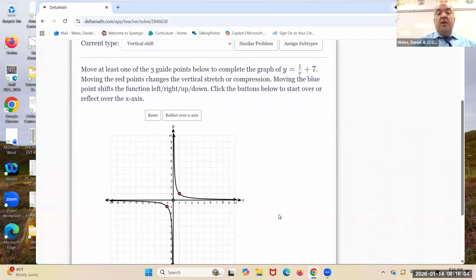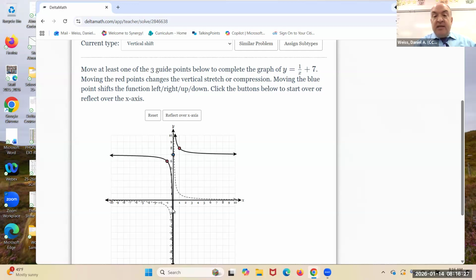Now, okay, in this problem, again, if I put in 0, that's going to make the function undefined because you can't divide by 0, right? But we have +7, which means we're going to move the entire thing up to 7, okay?